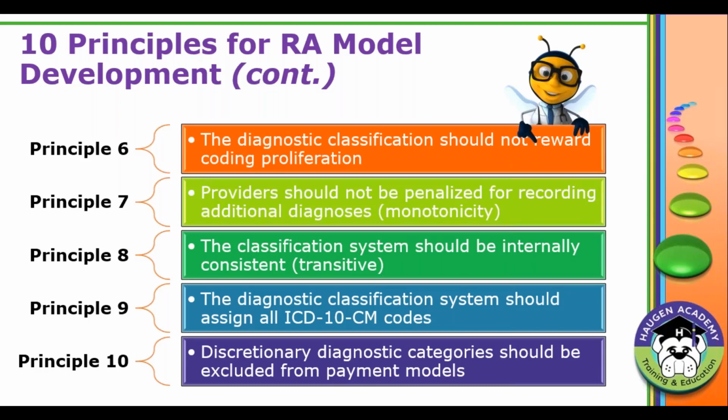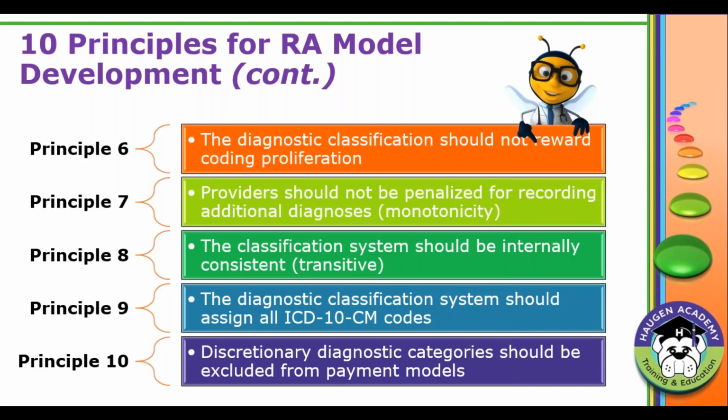Principle number 9, the diagnostic classification system should assign all ICD-10 CM codes. So because each diagnostic code potentially contains relevant clinical information, then the classification should categorize all of those codes. But then again, there isn't always payment attached to all of them. And then finally, discretionary diagnostic categories should be excluded from the payment models.